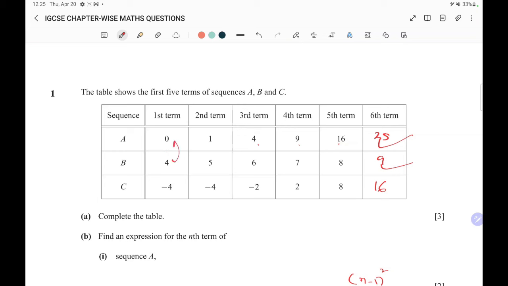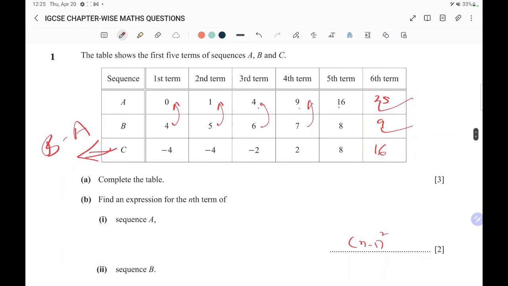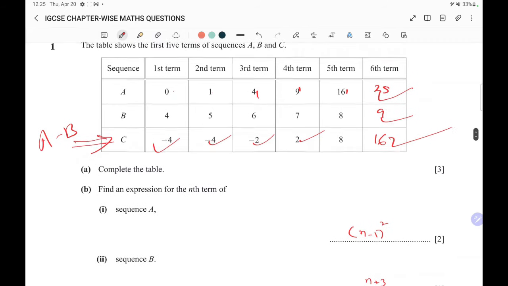Take the difference: C is A minus B. So 0 minus 4, 1 minus 5, 4 minus 6, 9 minus 7, 16 minus 8, and 25 minus 9, which is 16. So complete the table.